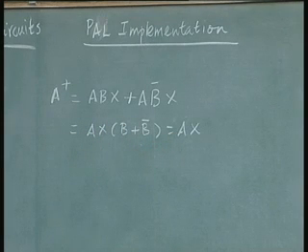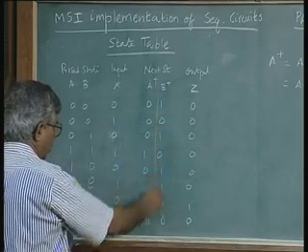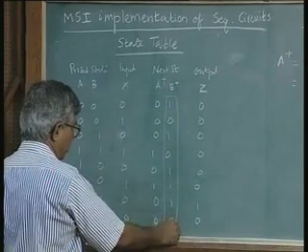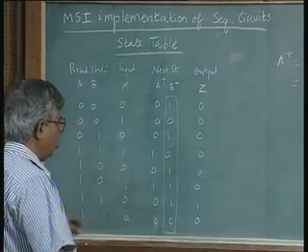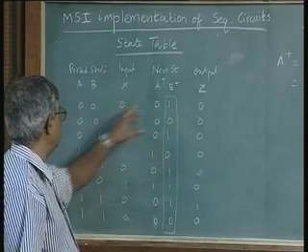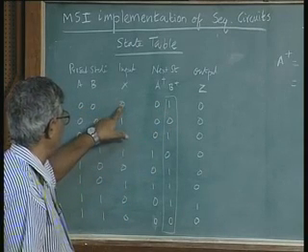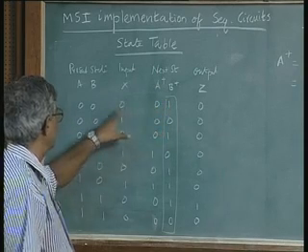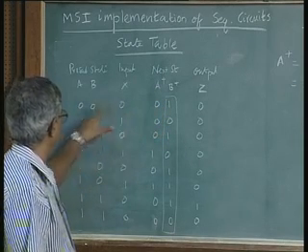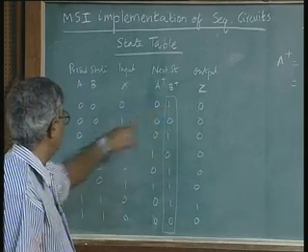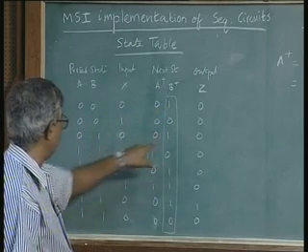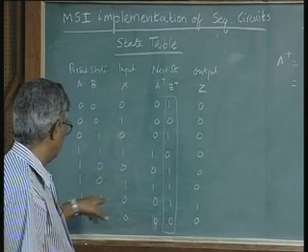Now, look at B plus, the second output required, the next state variable B, which is B plus. Look at this pattern, a very interesting pattern. Whenever X is 0, B plus is 1: 0 0, 1; 0 1, again 1; 1 0, again 1; 1 1, again 1.